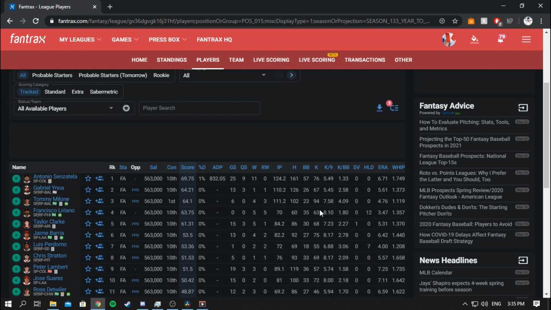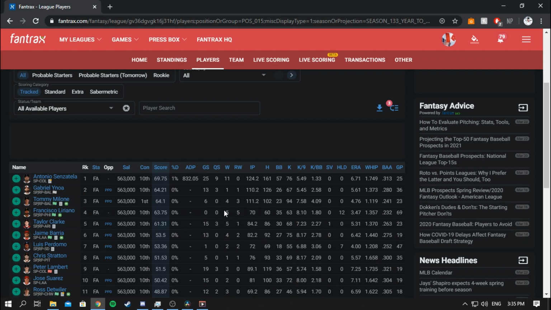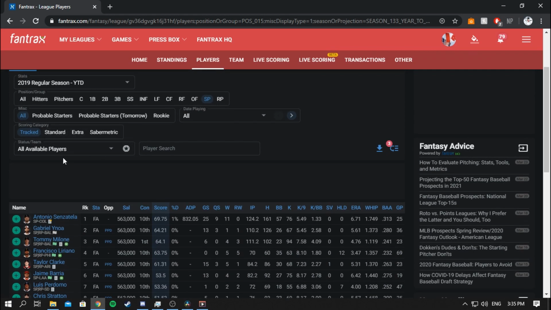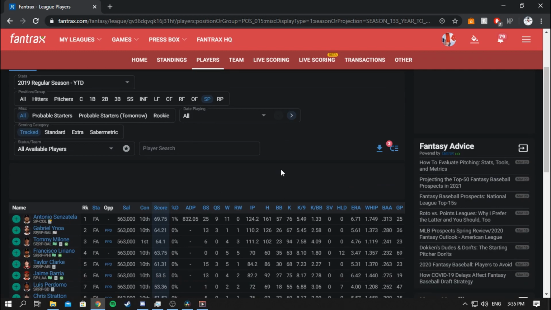It doesn't look right to me. Starting pitchers from last year. Oh yeah, sorry, I'm in the wrong league. That's why these categories aren't looking familiar to me. This is the stats that the other league uses. That's why I got confused.